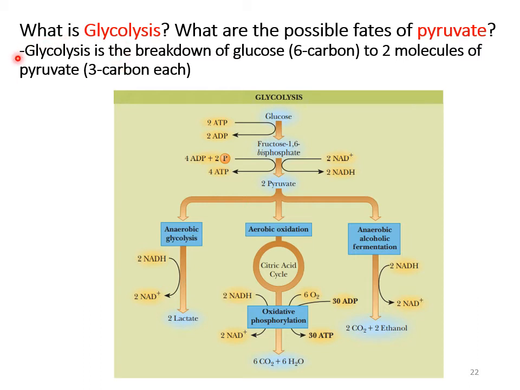Glycolysis is the breakdown of the 6-carbon glucose molecule into 2 molecules of pyruvate, each of which is a 3-carbon molecule. In the steps of glycolysis, there will be an important intermediate, fructose 1,6-bisphosphate, which we'll talk about a little bit later on.